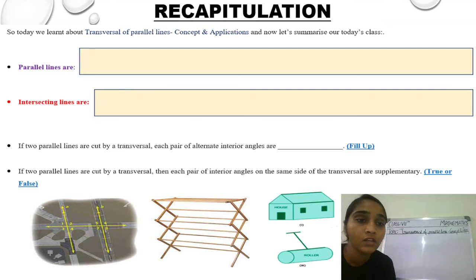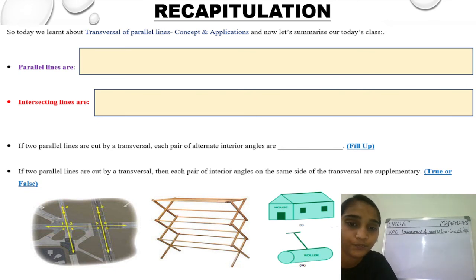If two parallel lines are cut by a transversal, each pair of alternate interior angles are equal. And if two parallel lines are cut by a transversal, then each of the interior angles on the same side of the transversal are supplementary, students. We have also seen that this is another fact related to a transversal cutting two parallel lines.